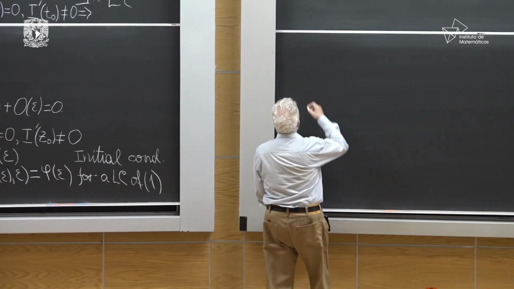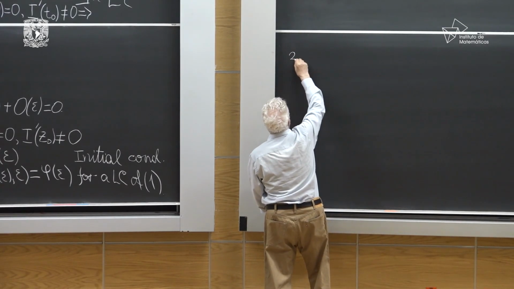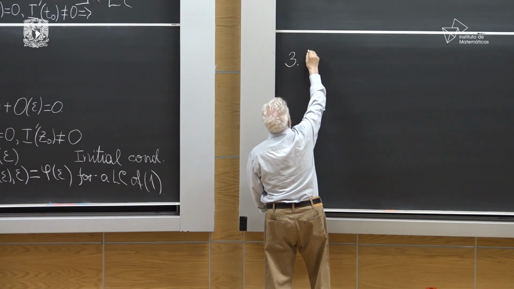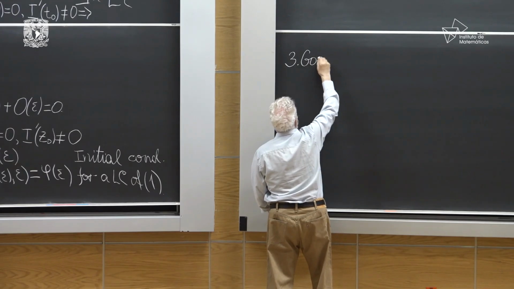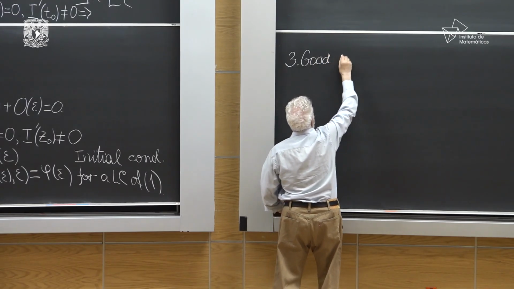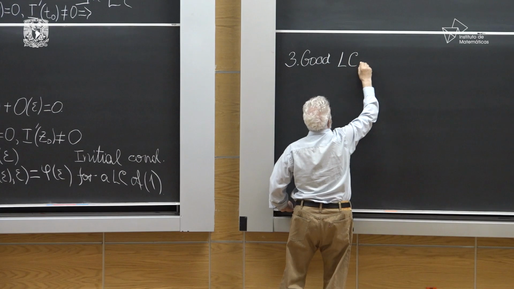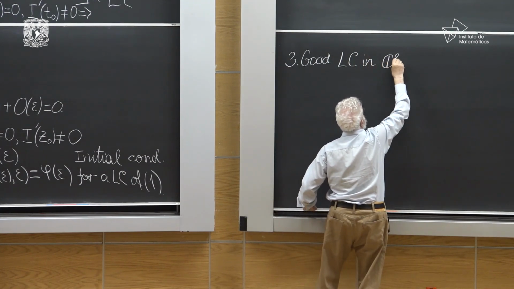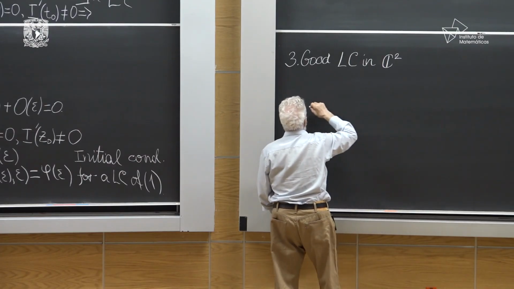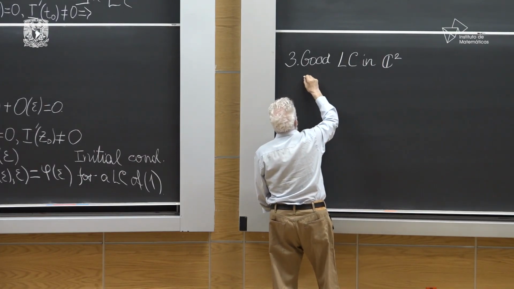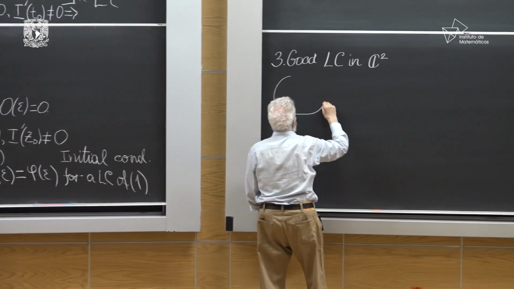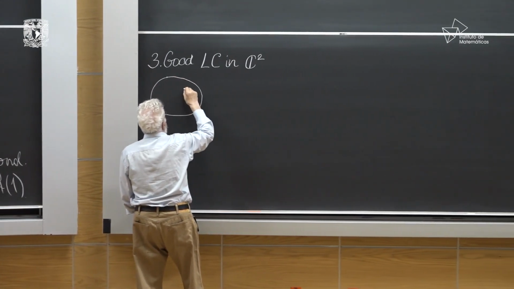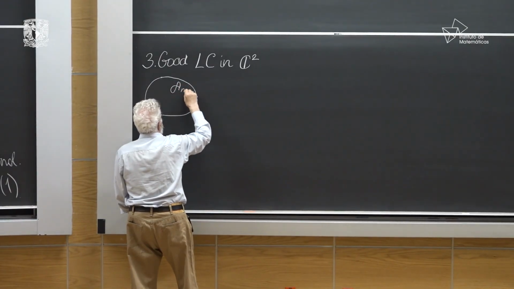Now, I will define good limit cycles in the complex domain. We are still in the space of the coefficients.